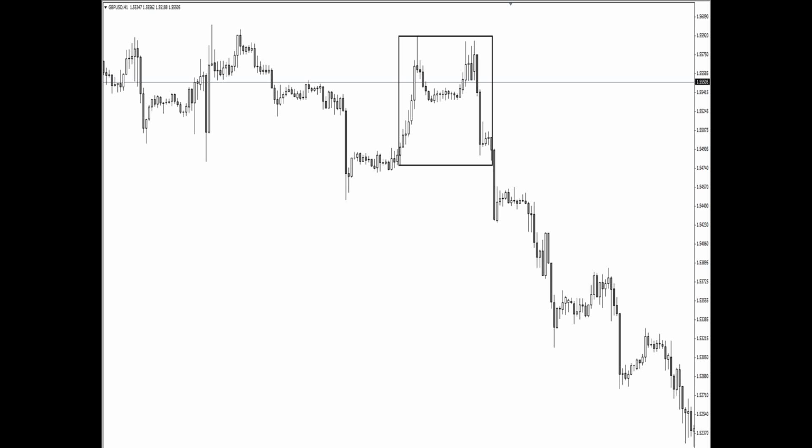This rectangle shows us a perfect example of a top and a bottom, and now we wait for a breakout. The chances are, if the preceding trend was bearish, the price will break out at the lower levels of the rectangle and go down.